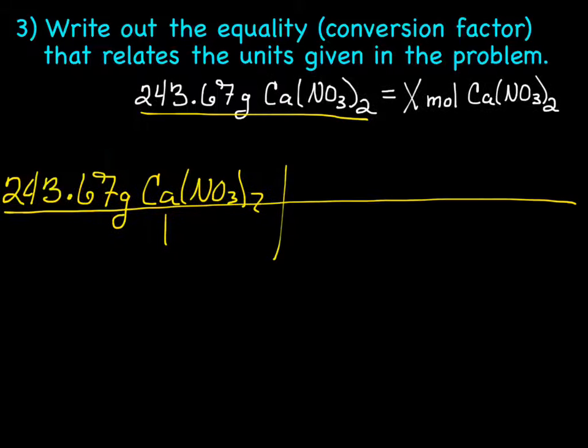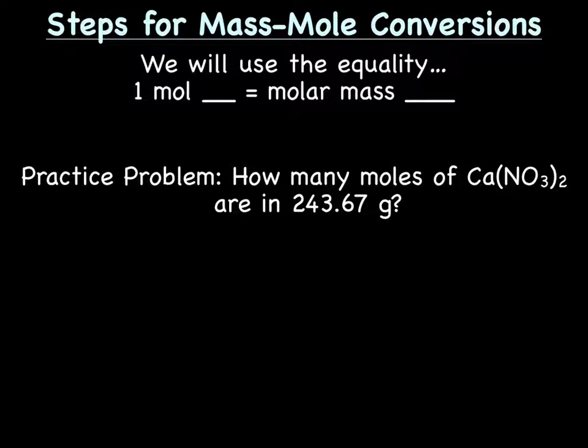Step 3. Write out the equality or conversion factor that relates the units given in the problem. So if we look at our math problem, we will note that our units are grams of Ca(NO3)2 and moles of Ca(NO3)2. And we just learned the equality 1 mole equals molar mass, and the units for mass is grams.